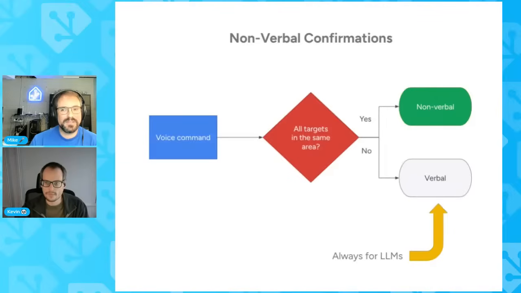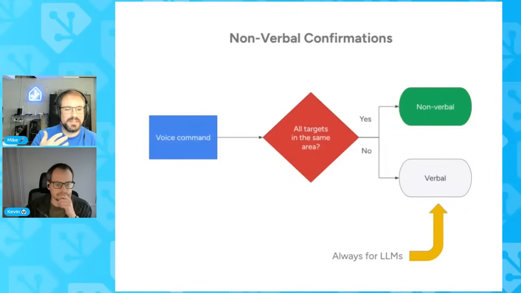Yeah, and this is matching the behaviors more of other voice assistants, and also serves, I think, as a way of telling you that whatever you said only affected the current area versus some other area. For me, I'm always playing around with different speech-to-text systems, sometimes messing up transcriptions, and it's good to know that I just turned off the lights in my office and not the entire house or something like that.